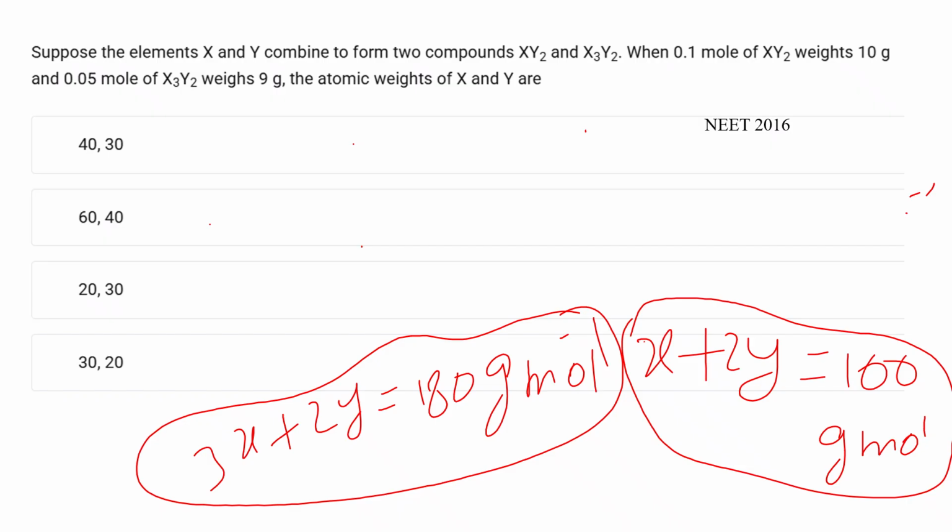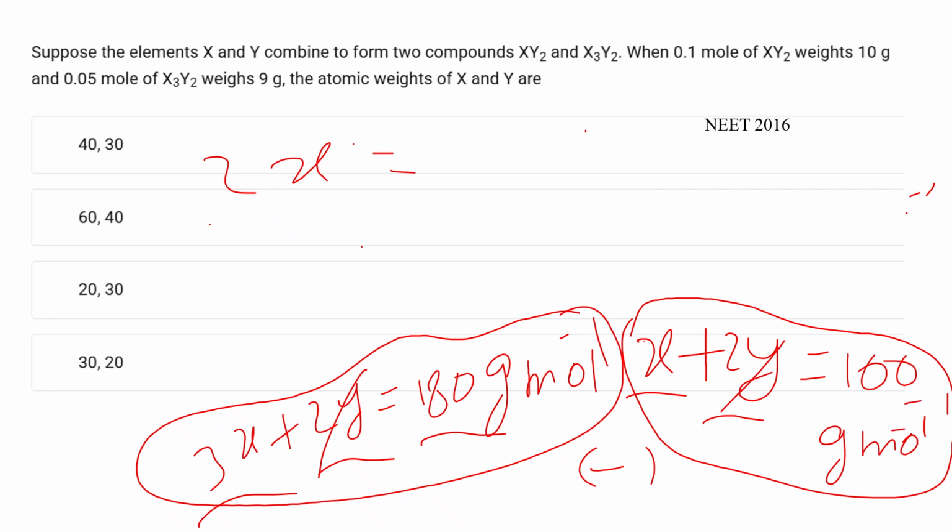Here it is 2y and here it is also 2y. If I subtract these two, the 2y cancel. Then 3x minus 1x gives 2x equal to 180 minus 100. Everything is in gram per mole unit, so there is no unit conversion.